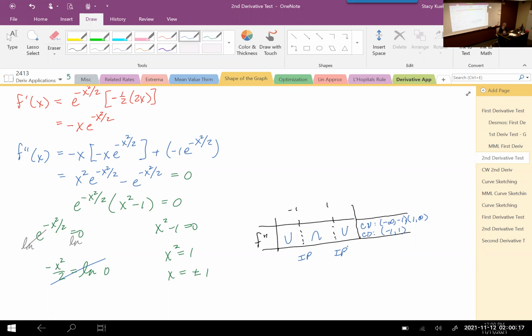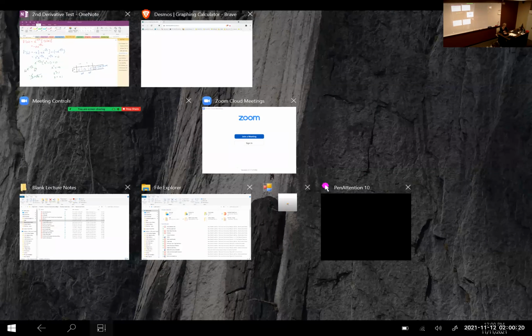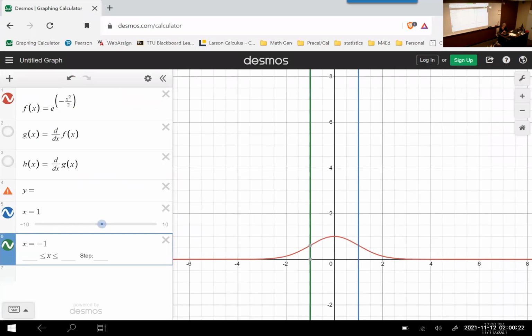Okay? And that's what that function looked like. So the red line is the function itself. And the green and the blue line represent the x-intercepts of the second derivative, or the points at which this is changing from concave up to concave down. That's what those are. The inflection points occur where the second derivative has a 0.